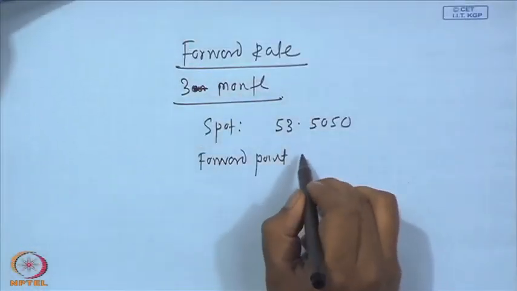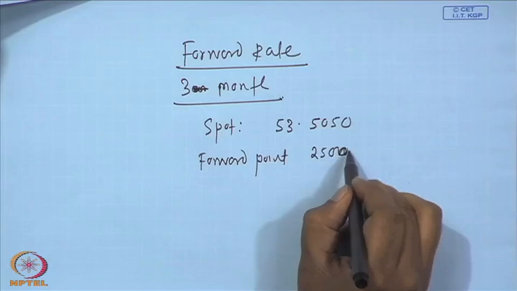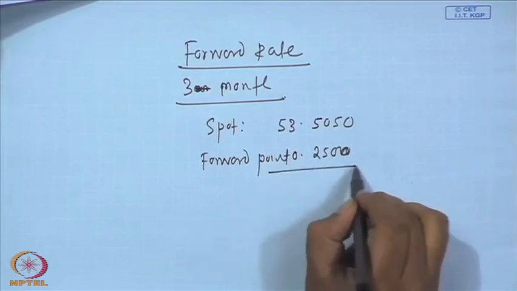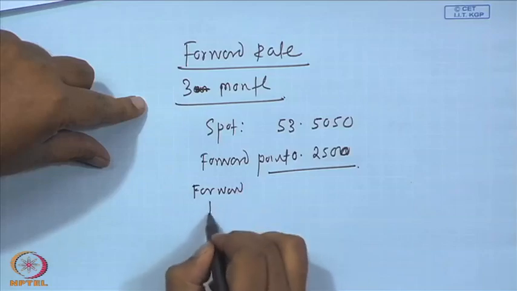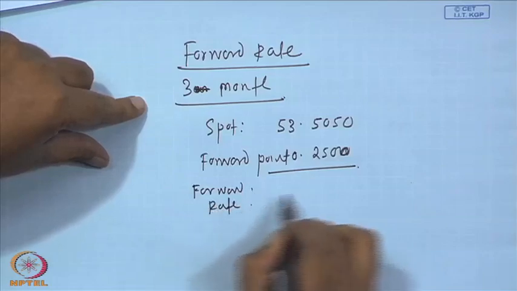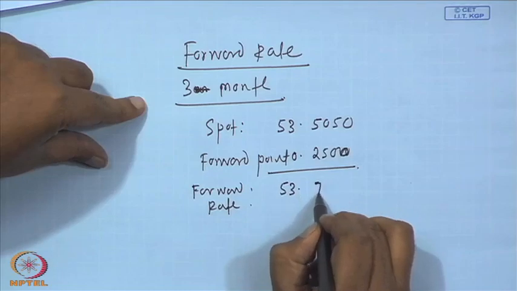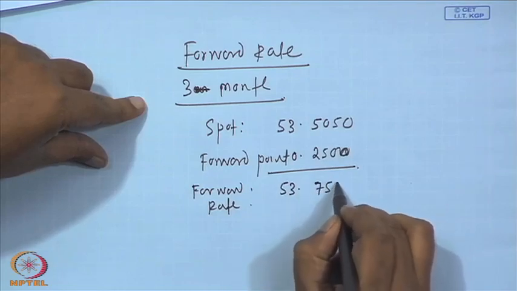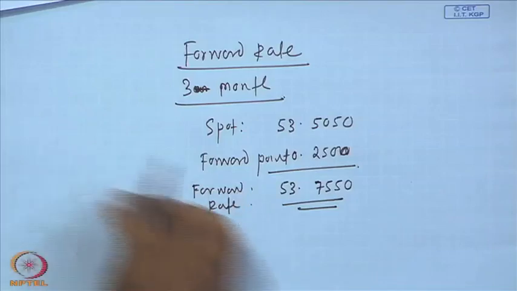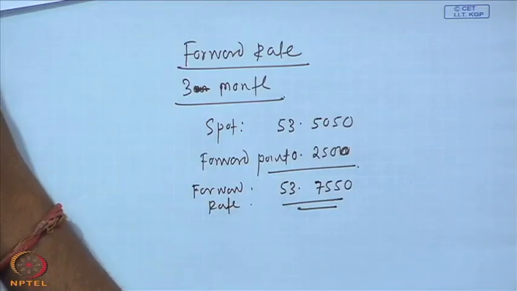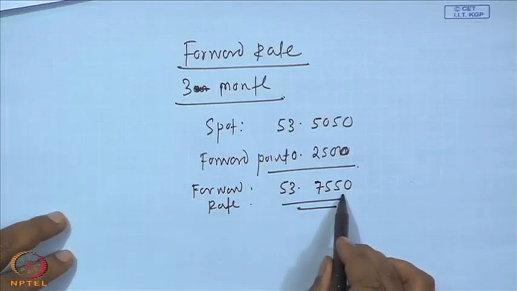So, you have to add the forward premium, that is 2500. On this basis we will get the forward rate which is applicable after 3 months, that is 53.7550. After 3 months the rupee will be available in the market at 53.7550.